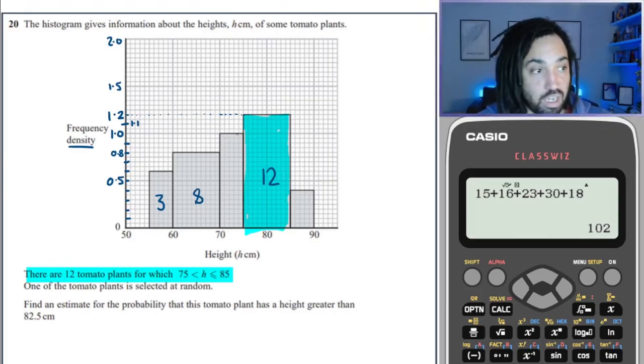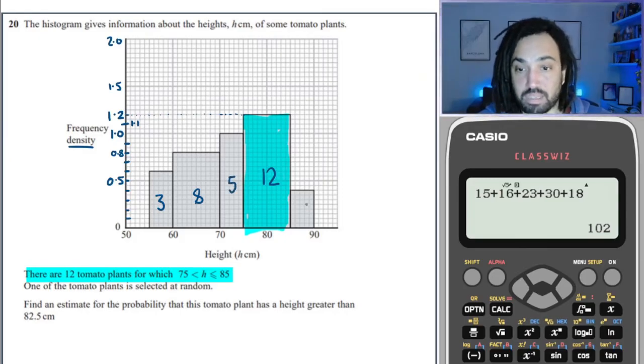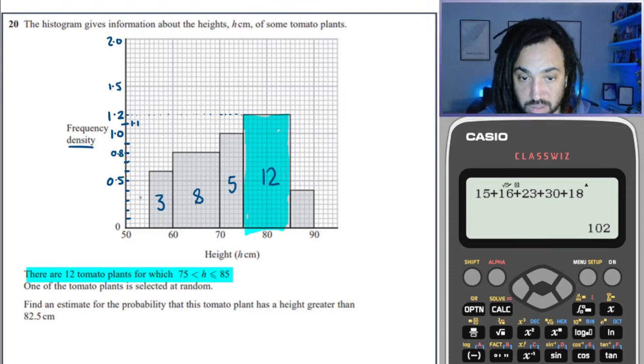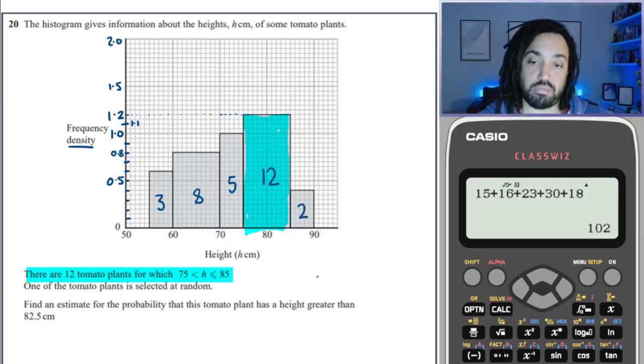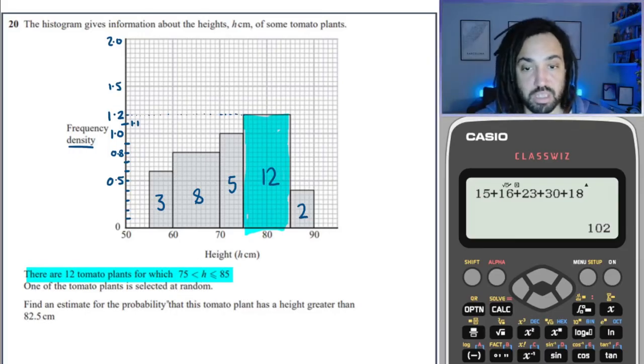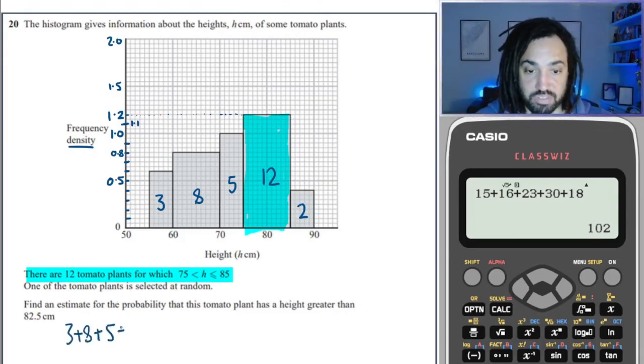This is 1 height, and it is 5 width, so therefore that's 5. This has a height of 0.4 and a width of 5, so 0.4 times 5 is 2. Perfect. So the total frequency is going to be useful. So 3 plus 8 is 11, plus 5 is 16, plus 12 is 28, plus 2 is 30.